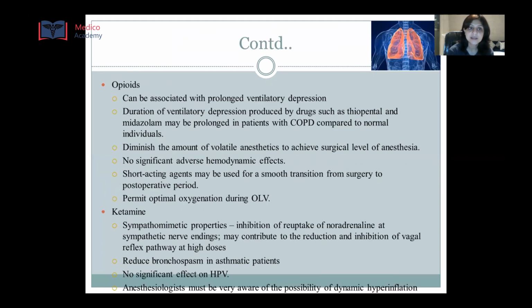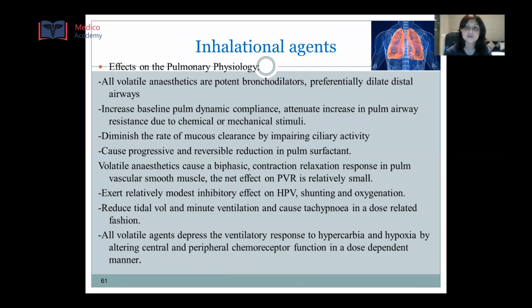Now, inhalational agents, the effect on pulmonary physiology. We know that all the volatile anesthetics are potent bronchodilators and they preferentially dilate the distal airways. They increase the baseline pulmonary dynamic compliance, they attenuate the increase in pulmonary airway resistance due to chemical or mechanical stimuli, they decrease the rate of mucus clearance by impairing ciliary activity, and they cause a progressive and reversible reduction in pulmonary surfactant.